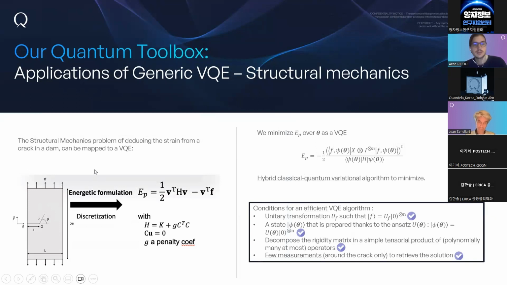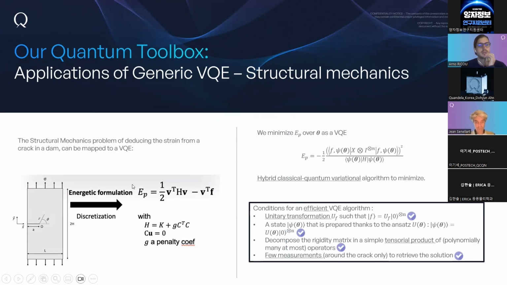So what we did is, instead of solving it with finite element method, what we do classically, so finite element method is putting a mesh on this 2D structure, and solving the differential equation on discrete points of this dam, of this 2D structure.